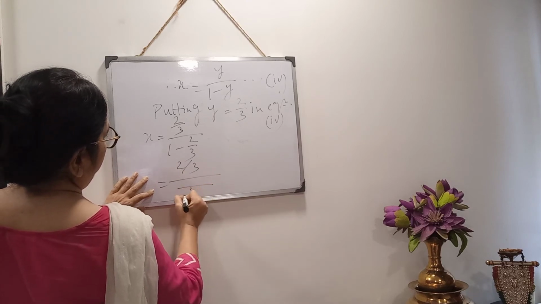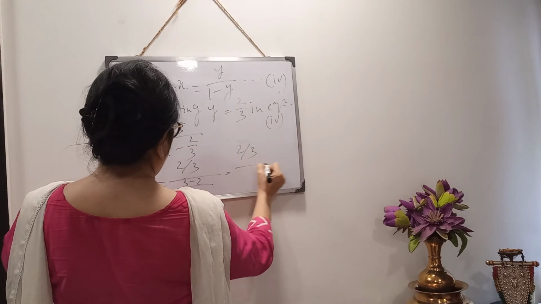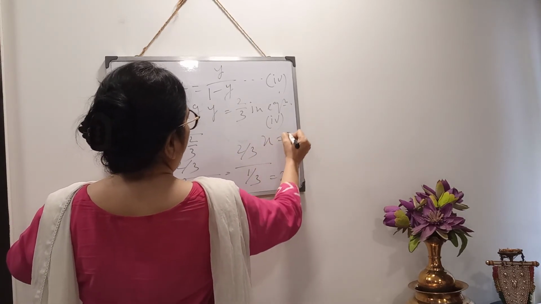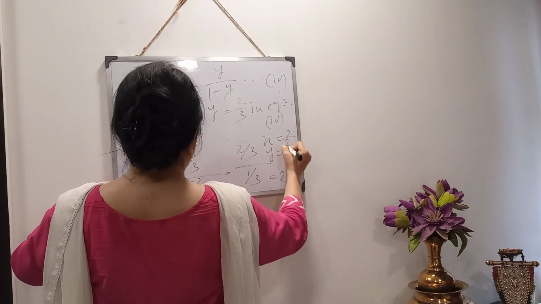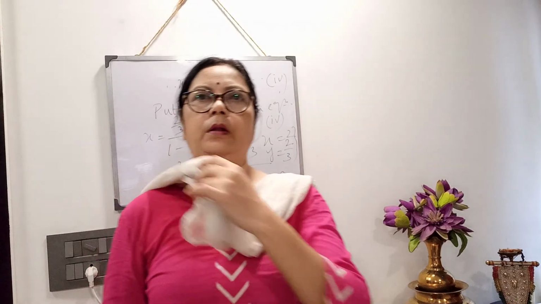Take the LCM: 3 minus 2, so (2 by 3) by (1 by 3). So the answer is coming 2. x equals 2 and y equals 2 by 3. These are the solutions. Clear?